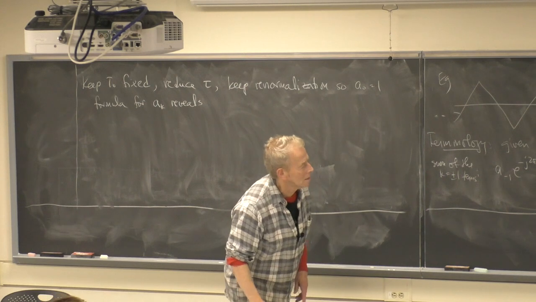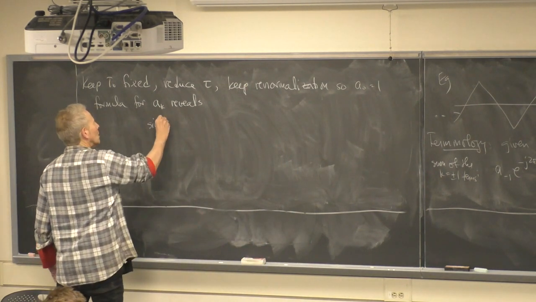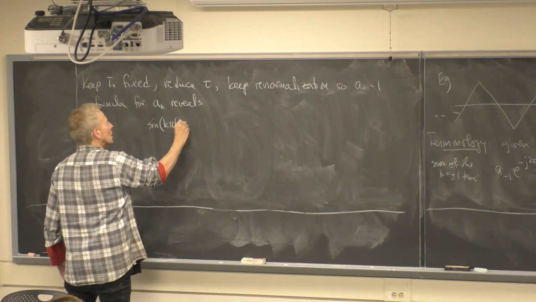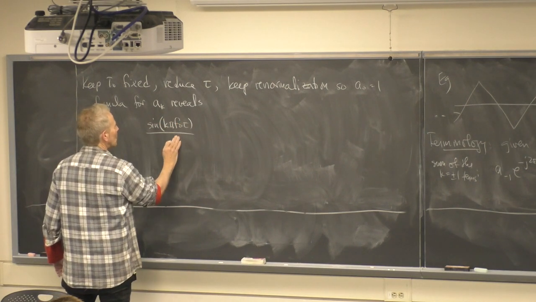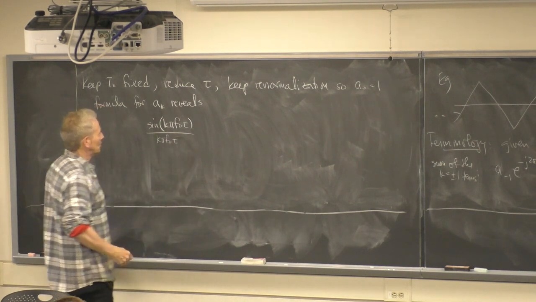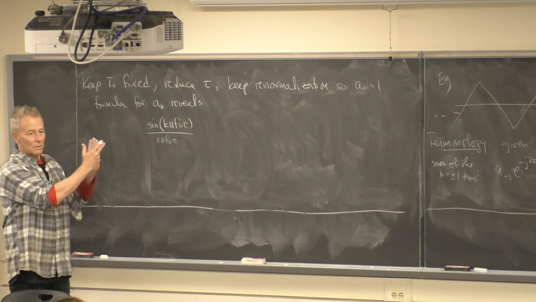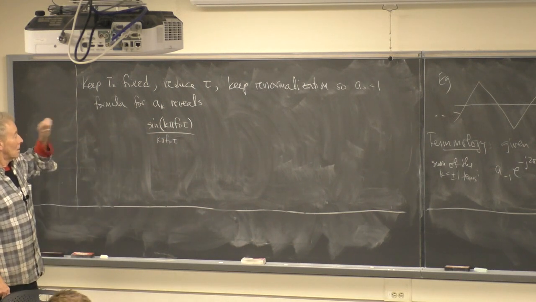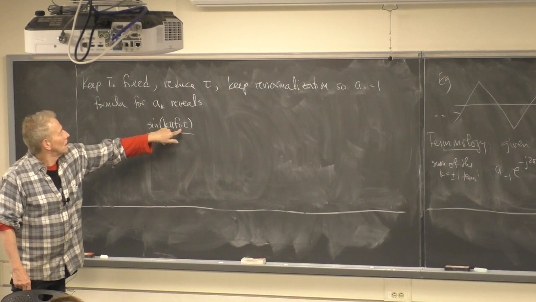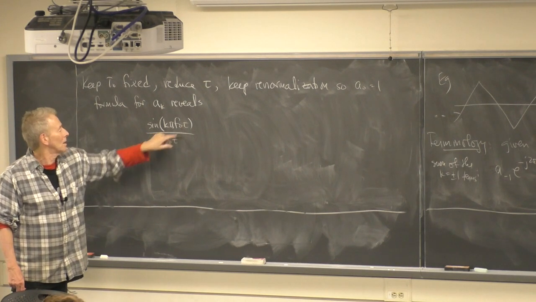Well, let's write it down over here. It's going to be sine k pi f0 tau divided by k pi f0 tau. f0 is fixed, tau is shrinking. The argument of the sine in the numerator is k pi f0 tau.